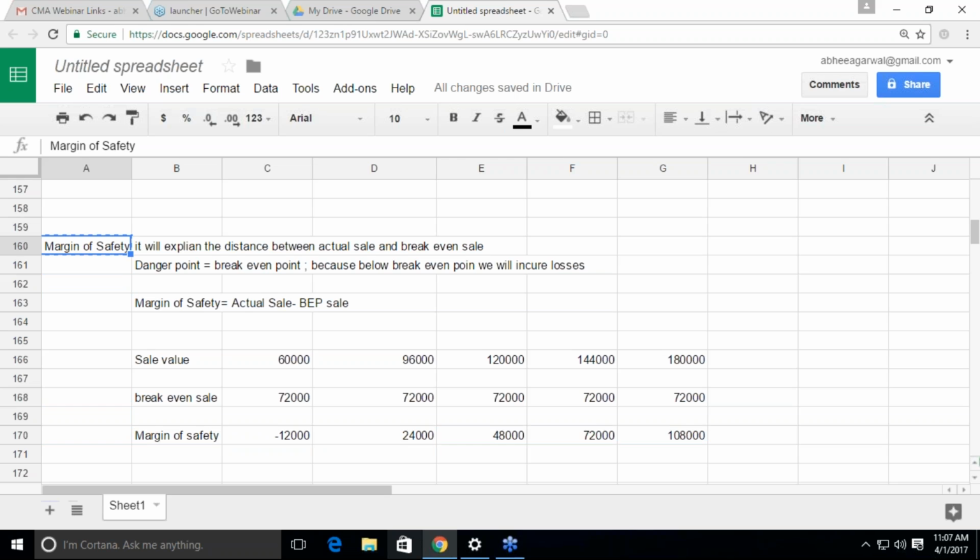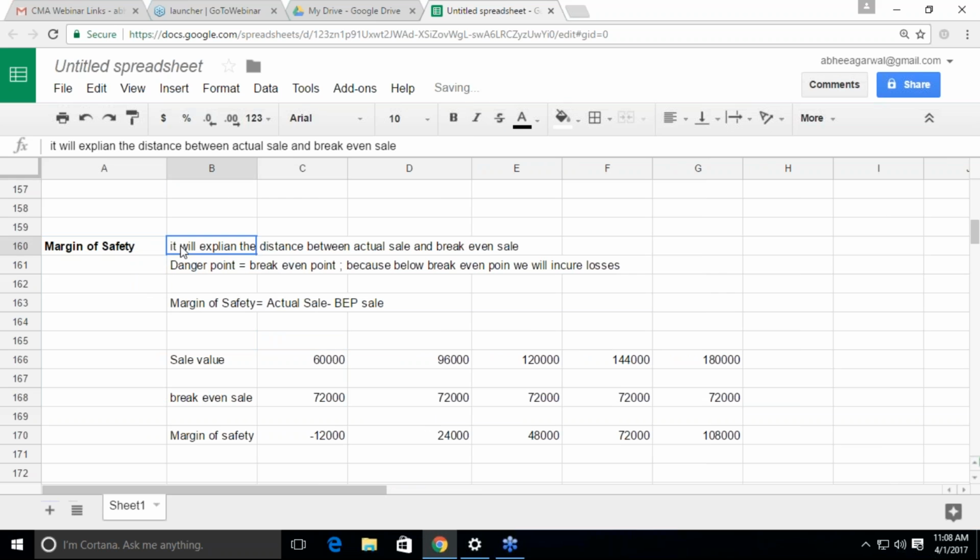This margin of safety helps us in decision making. It helps in price sensitivity analysis.